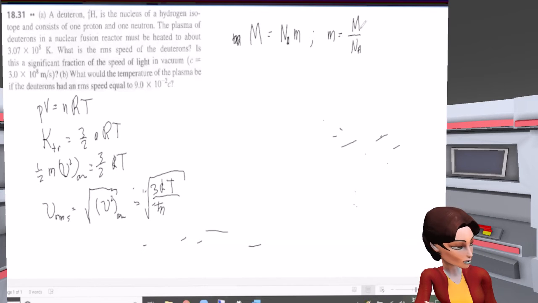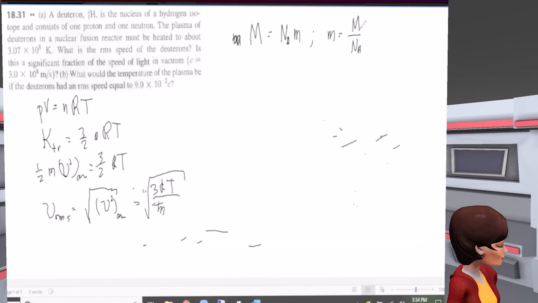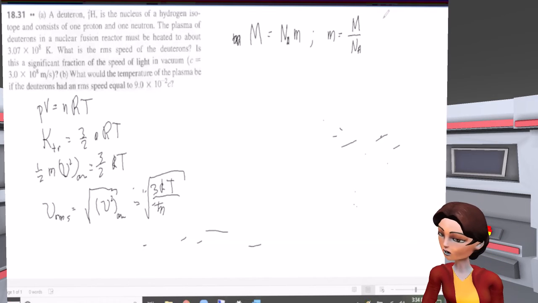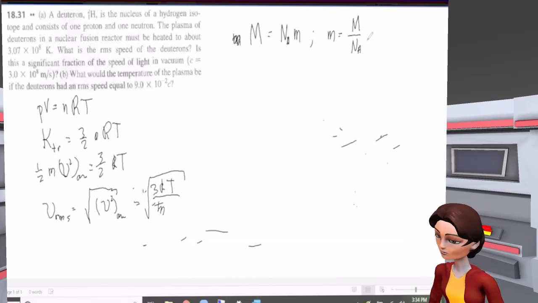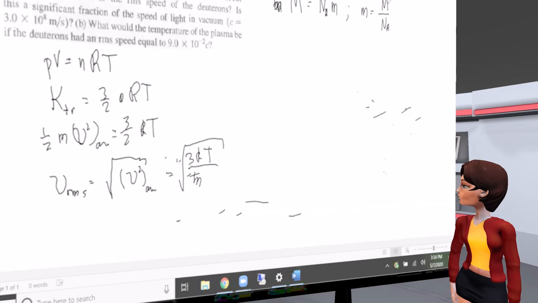It's really just the mass of two hydrogen atoms. You can ignore the mass of the electron since it's negligible here. So that's what we really want to use for this molar mass. What else do we need here? Oh, it will be two of those.